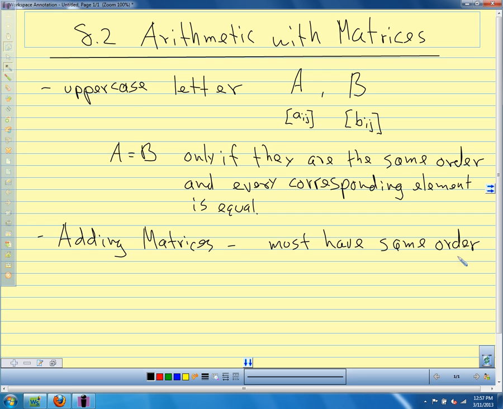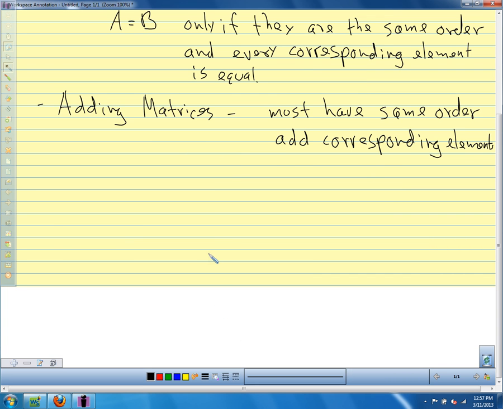Doesn't make sense to add a 2x2 matrix to a 3x7 matrix. They have to have the same order. And then we just add the corresponding elements. So adding matrices is really an easy idea. We're just adding a bunch of numbers.